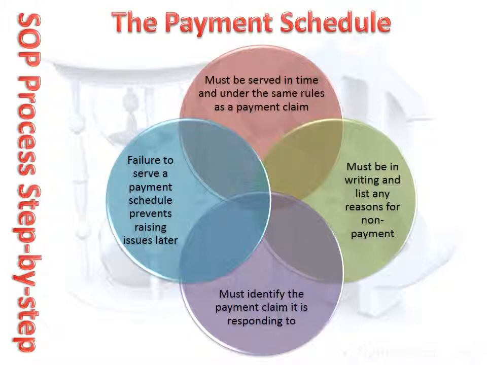It is better to list a reason you might want to rely on, and then not use it in the adjudication, rather than not list a reason that you may then want to rely on later. If you fail to serve a payment schedule, then you may not put an adjudication response.